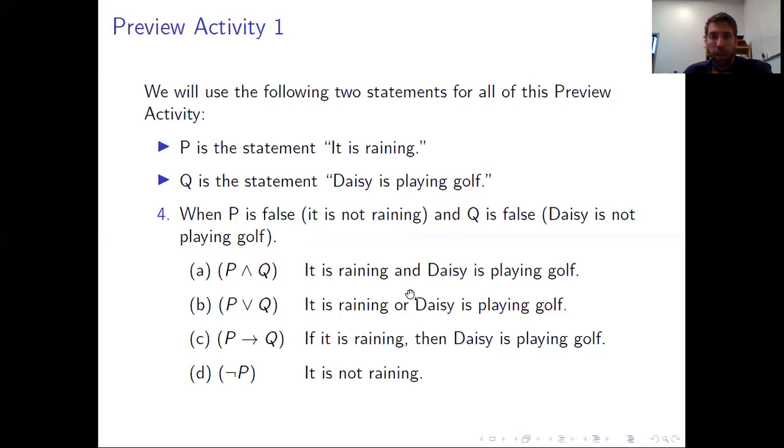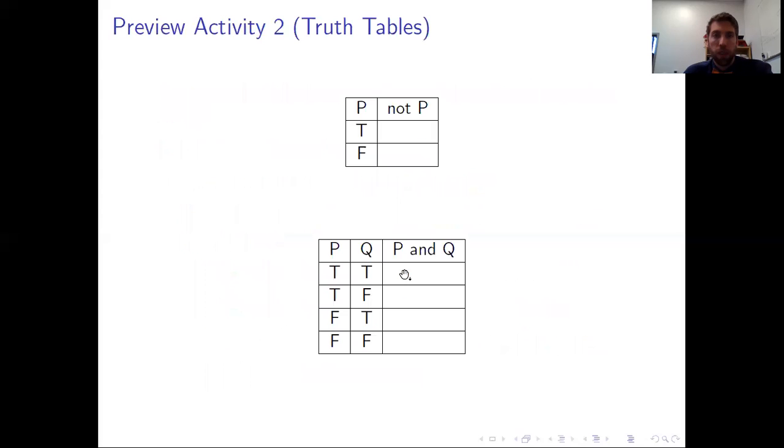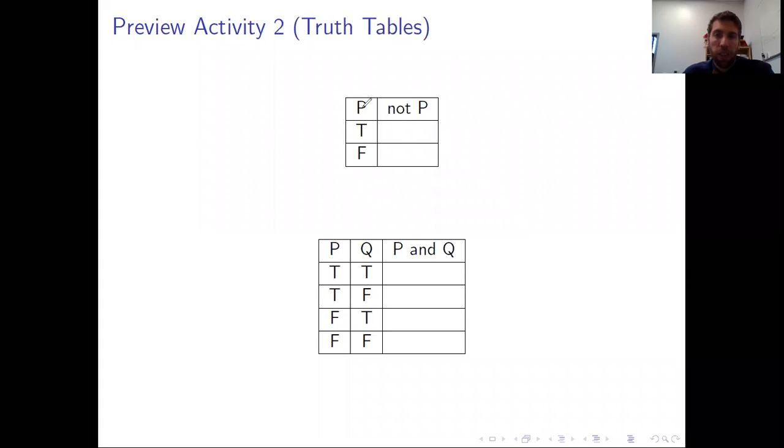Now we're going to move on to preview activity 2. We've got P being true and false, and we're going to do these truth tables. So not P would then be false, and not false would be true. That's how not works.